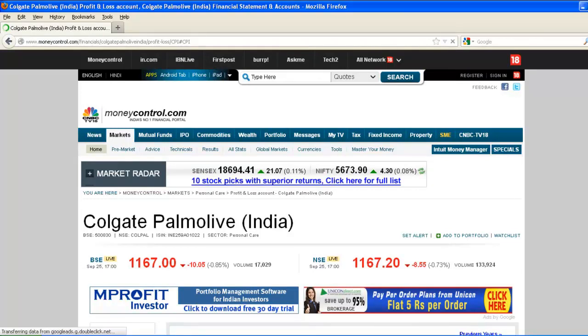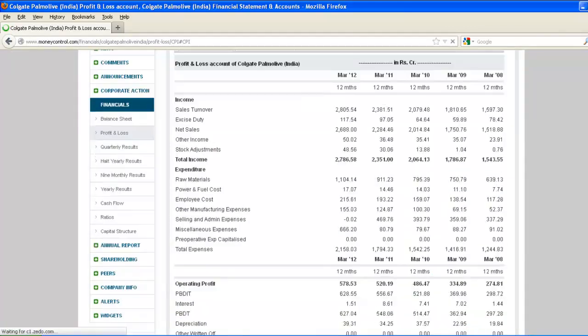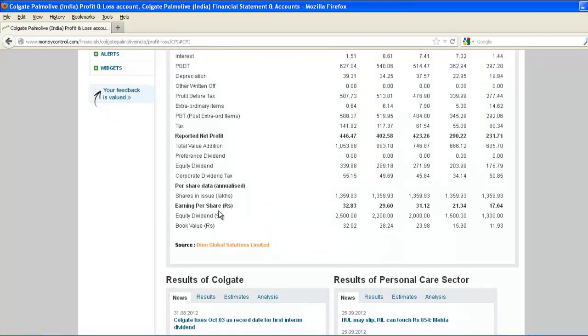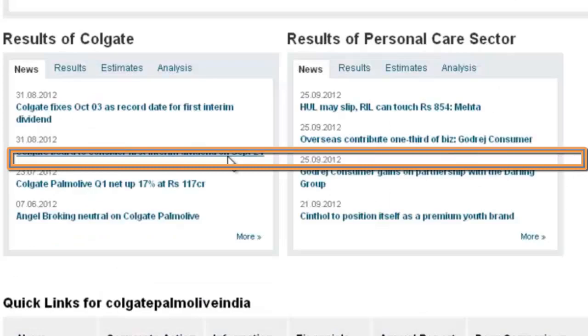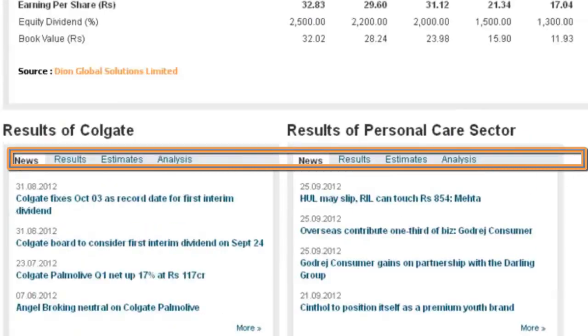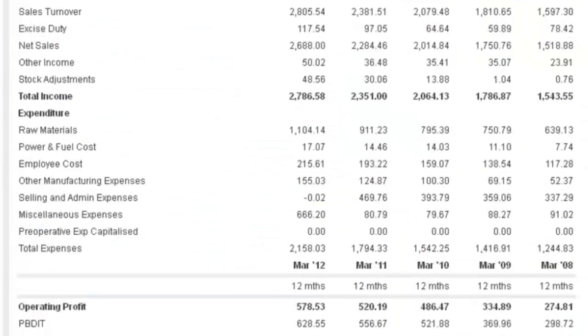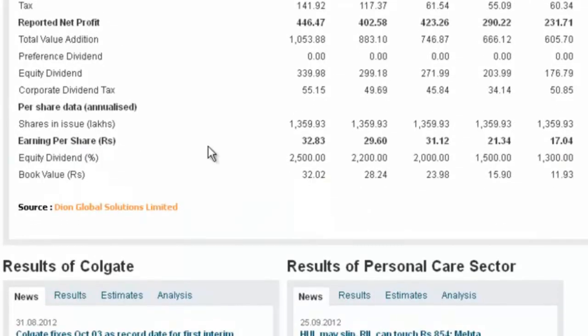We need to be patient to download this website. Okay, fine. So here is the income statement, or P&L, and total shares in issue. Here is this figure. We need to check whether we are checking the right year. Yes, it is March 12, and shares issued in lakhs is 1359.93.